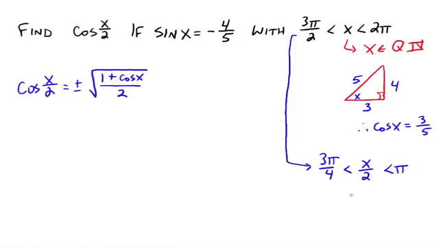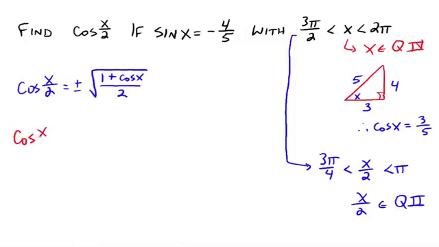Okay? So that means we're going to use which one of these, the positive or the negative version? Well, since x over 2 is in quadrant 2, the cosine of any angle in quadrant 2 is going to be negative.